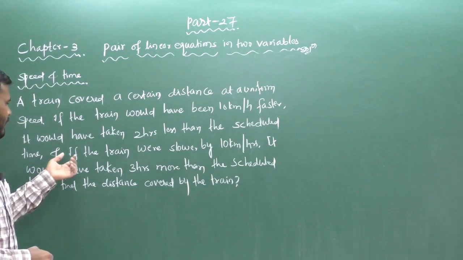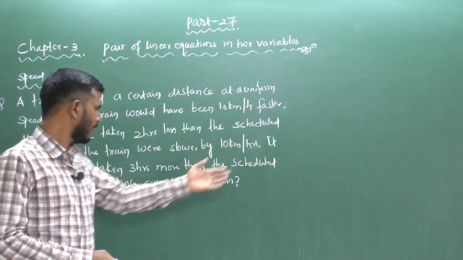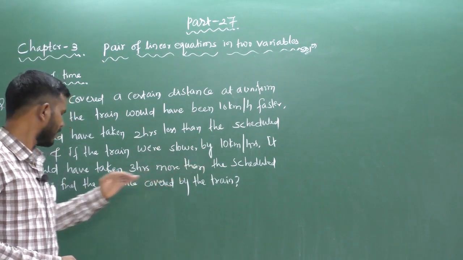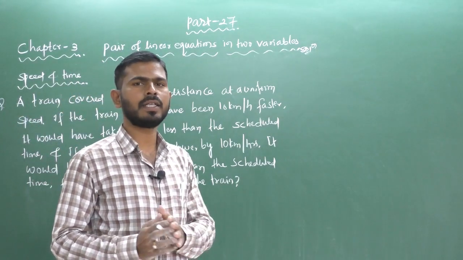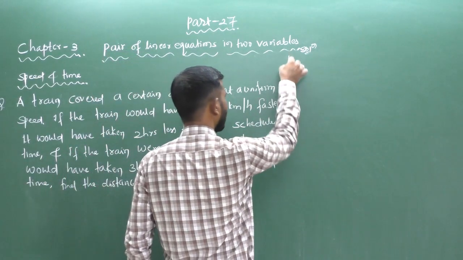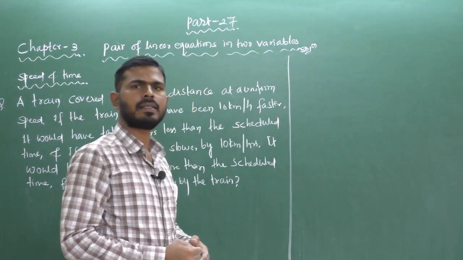The next condition is, if the train were slower by 10 km per hour, it would have taken 3 hours more than the scheduled time. I have to find the distance covered by the train. So let us see how to find the distance and speed of the train by the speed and time method.